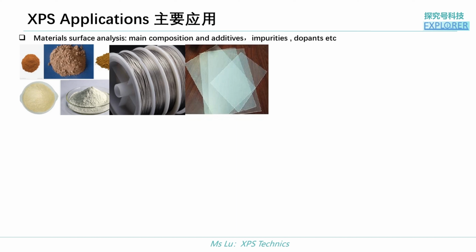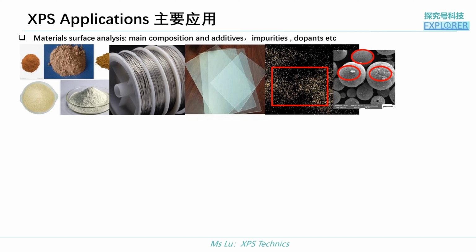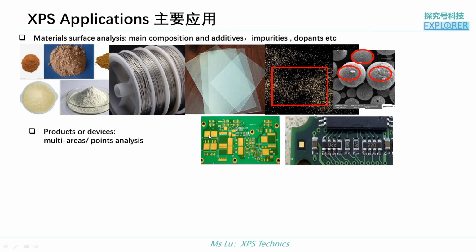It can not only meet the analysis of a large area on raw material, or the analysis of different regions, but it can also focus on multiple areas of devices or products and carry out a multi-area analysis.